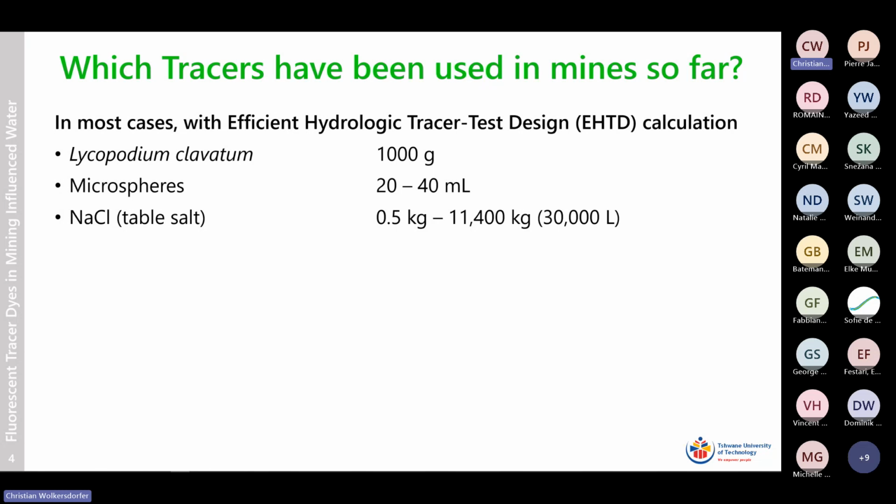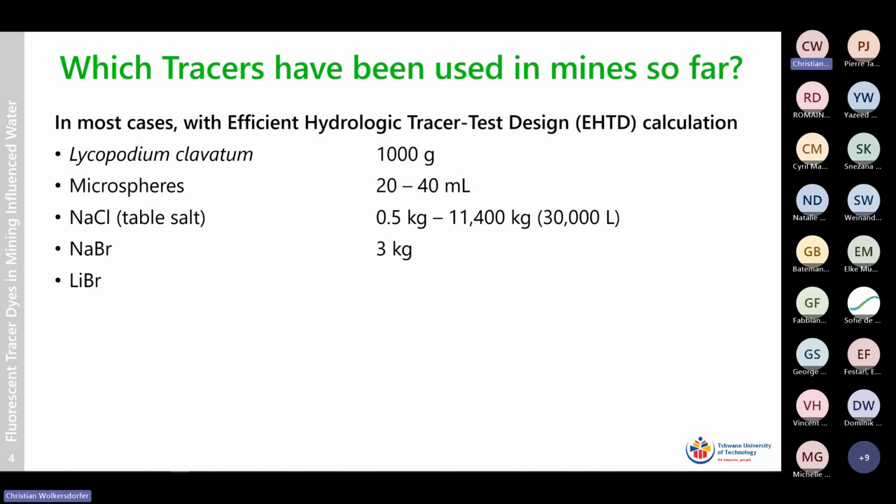The amount that we used for mine water tracer tests varies very, very much, from 0.5 kilogram to 11,000 kilogram of table salt, which was in 30,000 liters of salt water. I will show you a picture a little bit later. A massive mine water tracer test here in South Africa.